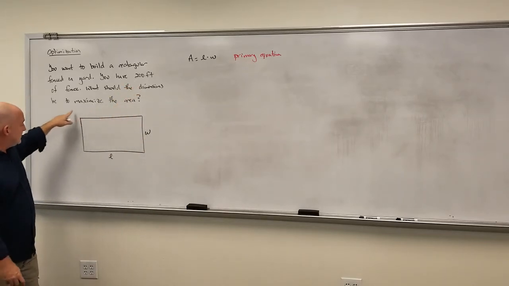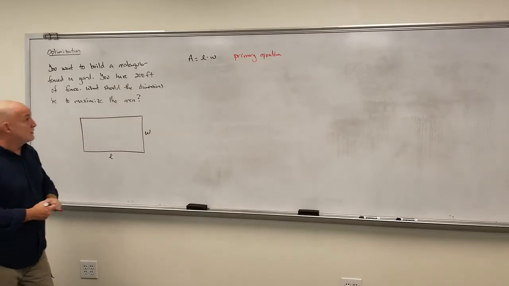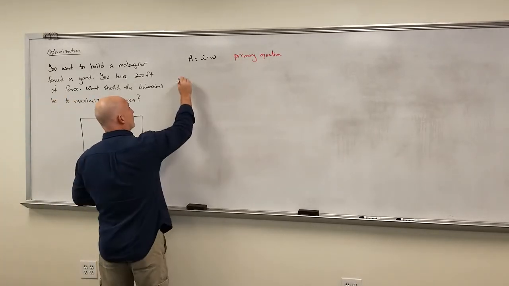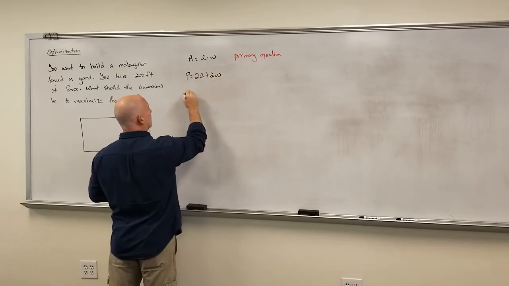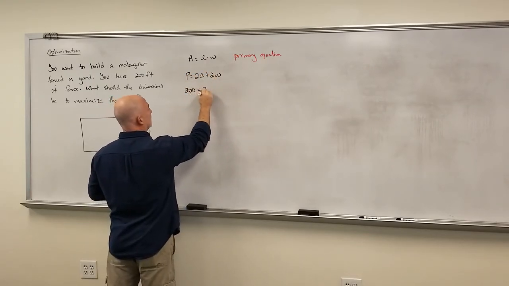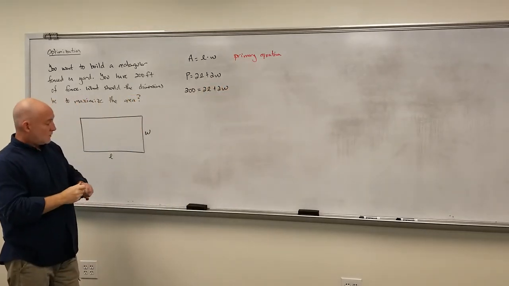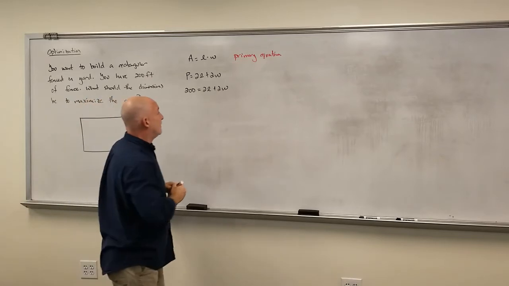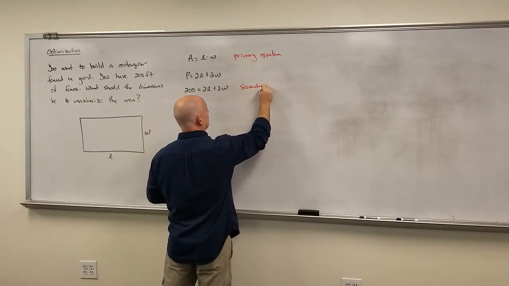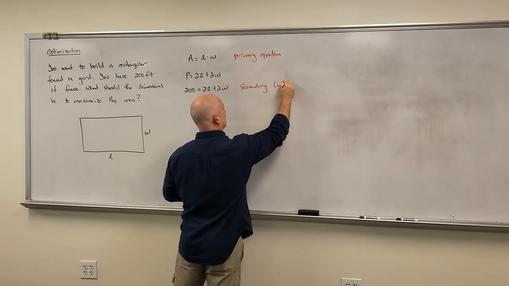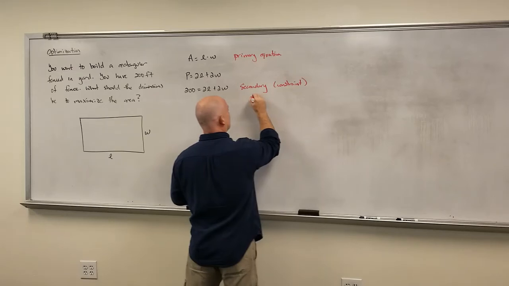Well, that's the distance around the outside, or the perimeter of this rectangle. So we know the perimeter of our rectangle is twice the length plus twice the width. And since our perimeter has to be 200, this is called our secondary equation, or sometimes called the constraint equation.